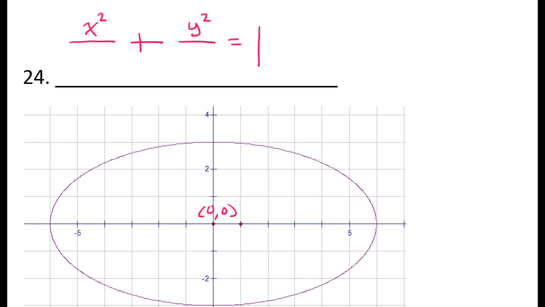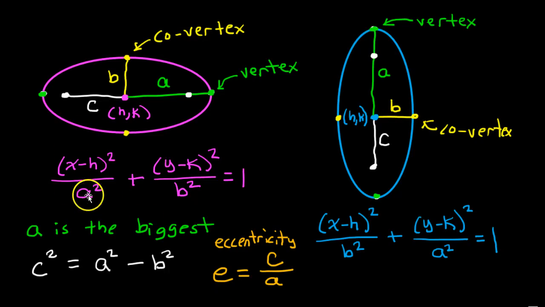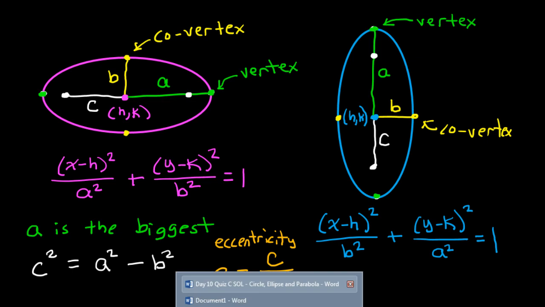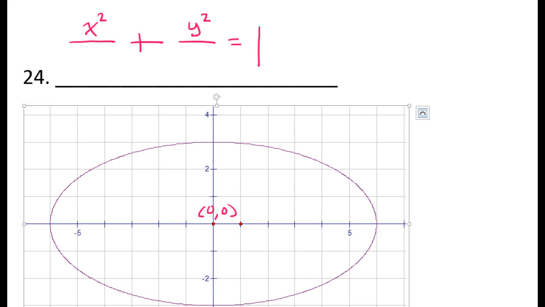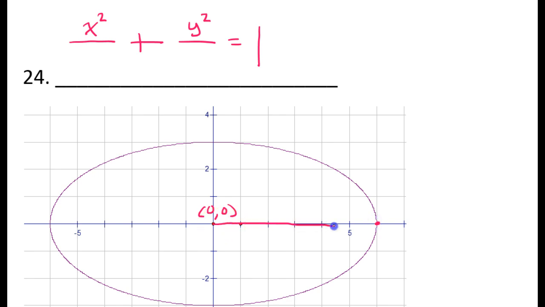Now these models involve this a squared and this b squared. What's that? Well, the a value is the distance from the center to the vertex. So let's figure out what that is. From the center to the vertex is here at 6.